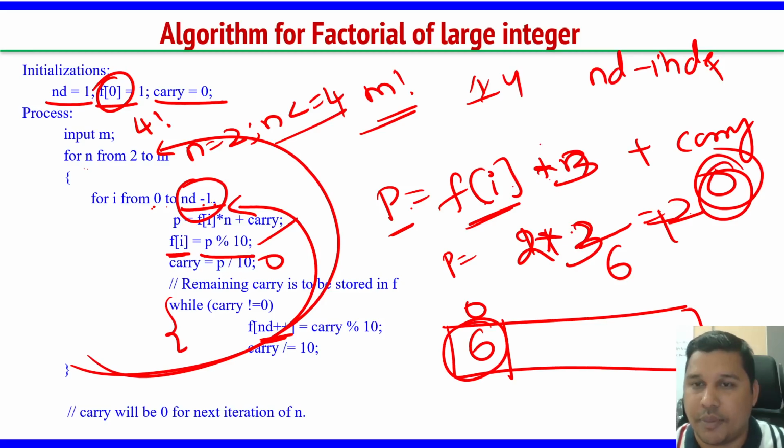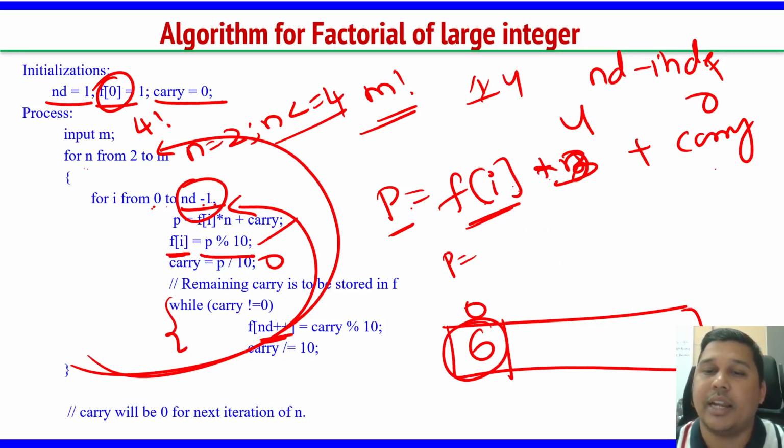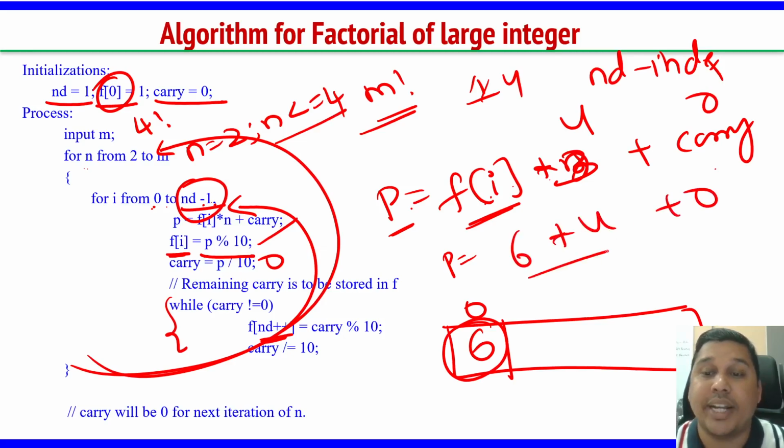The n value becomes 4 this time. So f of i into 4 plus carry, which is 0 only. Here f of i is 6 into 4 plus 0, so this is 24.